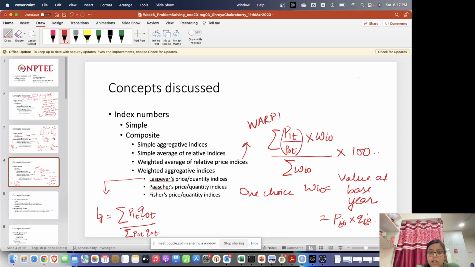So here the simple aggregative price indices are weighted by the quantity at the base year.